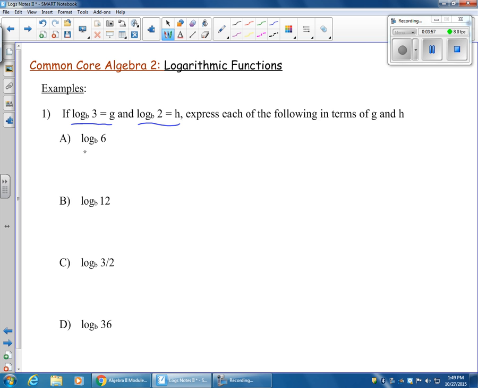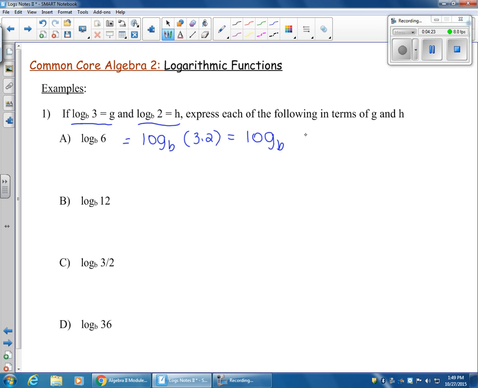So looking at the first one, what you need to do is take what you're given and rewrite the problems based on what you're given. So we need to rewrite 6 using 3 and 2 because that's what we were given. So we can say that 6 is the same as 3 times 2. Then we have that multiplication is addition.